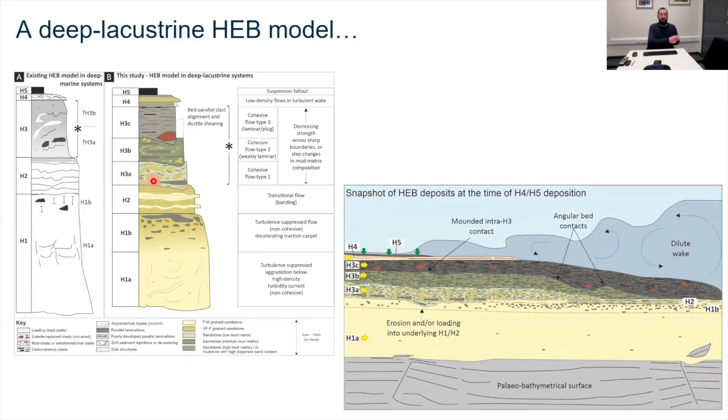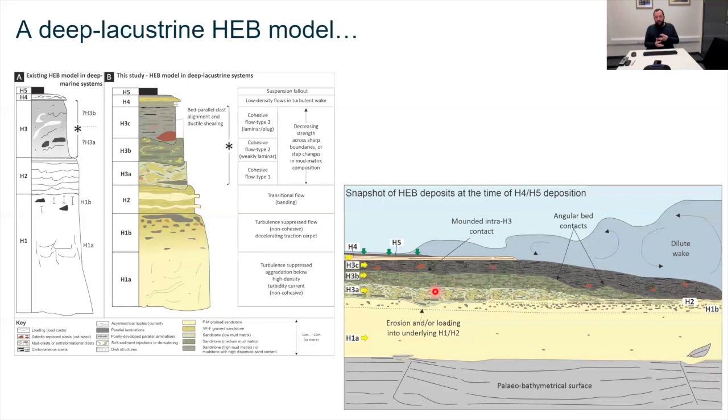And by that I mean that the flow's been traveling so far that you've been able to separate the fines into discrete flow components, and then one flow gets deposited, followed by the next one, followed by the next one. And importantly, each one has different rheological properties from the next, which is controlled by the amount of dispersed mud and also the clast component that's entrained in some of these too.